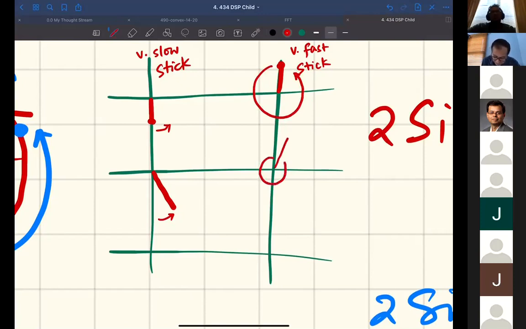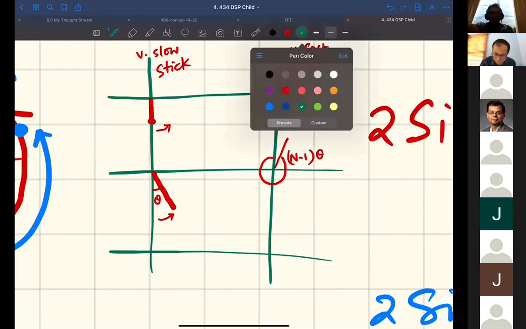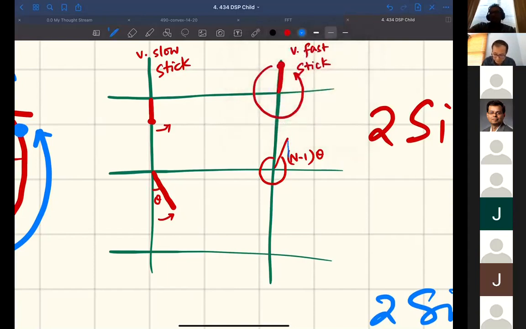And this is n-1 theta. This is theta. Are you with me? Yes. Now what cancels? Let's do with blue. This projection x-axis shadow is sine theta.